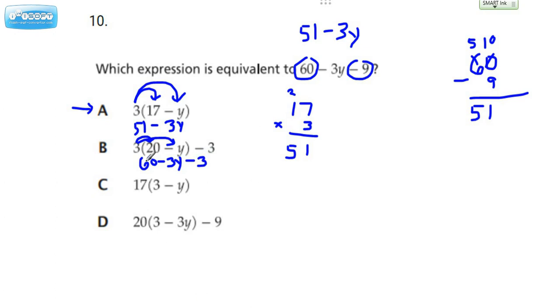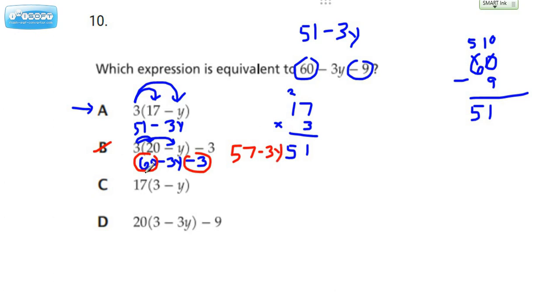Now, if I take 60 and take 3 away from that, that ends up being 57. And then I take that 57 and subtract 3y. That's not the same thing as 51 and then subtract 3y. So we're going to reject that choice, because this actually equals 57 minus 3y.